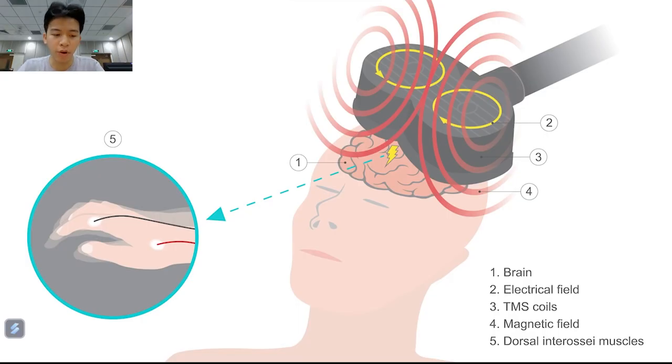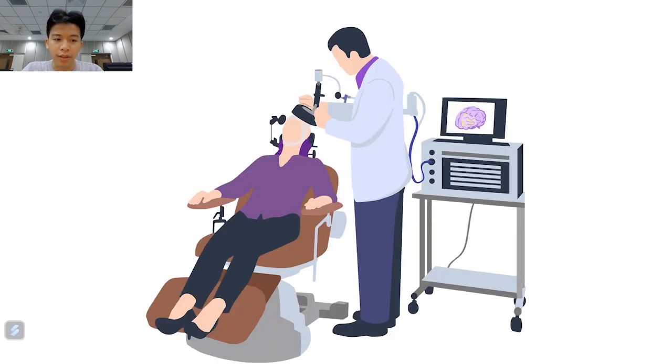Now we'll talk more about its real application. To apply it to each patient, of course, the doctors need to determine the stimulation level to give to each person and each disorder. And there's something called a motor threshold. The doctor will first identify the area of the brain that controls the movement of our hand.